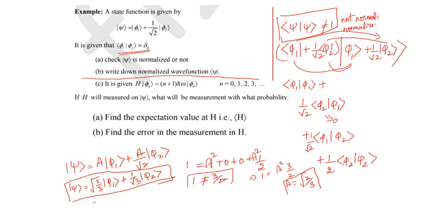H is the Hamiltonian operator operating on the wave function phi n, giving (n plus 1/2) h cross omega phi n. But if H is measured on psi, what will be the measurement, with what probability? Okay, psi is given, so relate psi with the above equation.